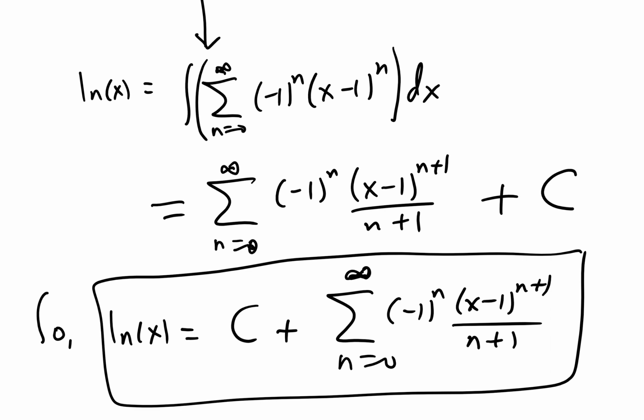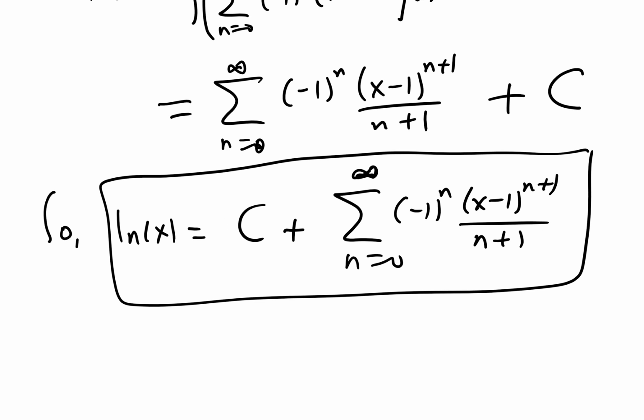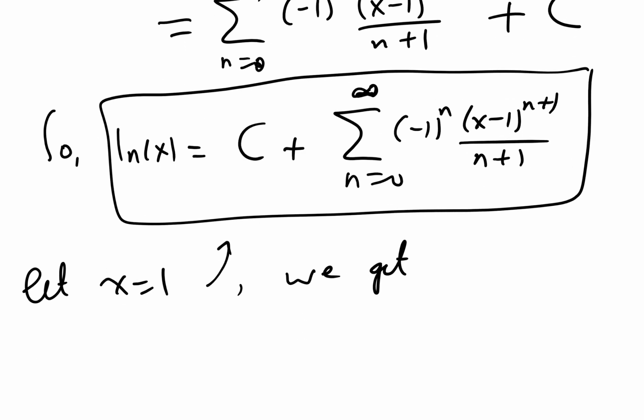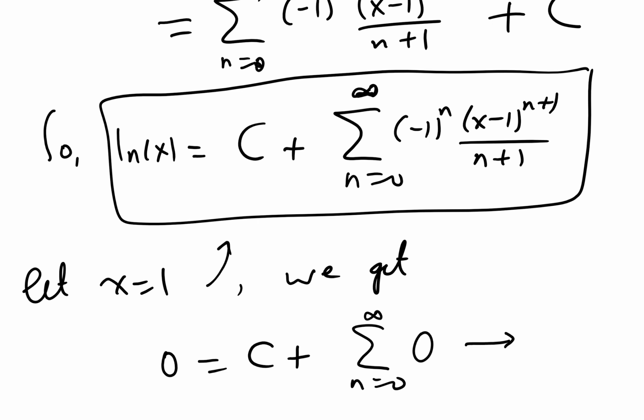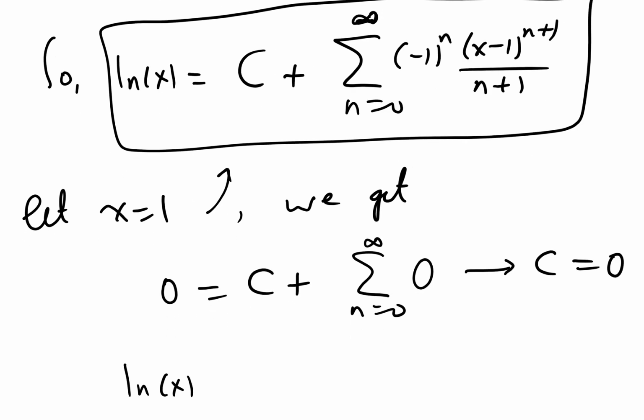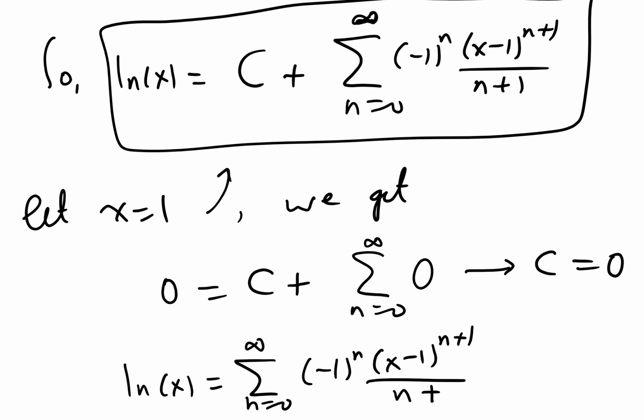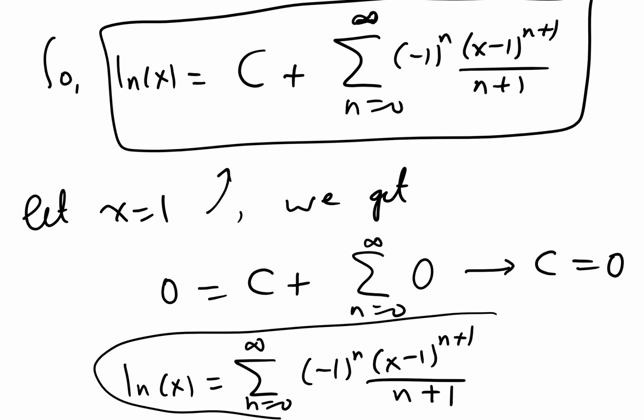And just for fun, if we let x equal 1 into this answer, what happens? ln of 1 is 0 equals c plus the sum. All that quantity is going to be 1 minus 1, 0, so the whole thing is 0. So c is 0 when you set x equals 1 on both sides. So I can rewrite ln of x as the sum, n goes from 0 to infinity, negative 1 to the n, (x minus 1) to the n plus 1 divided by n plus 1. That's what ln of x is.